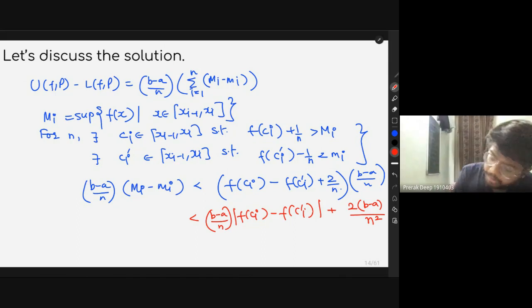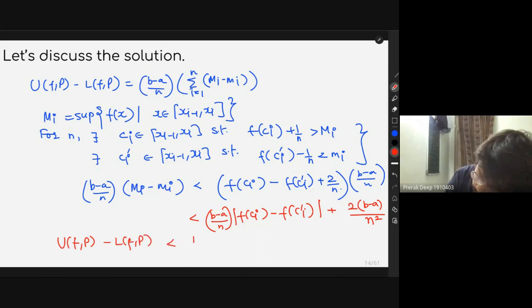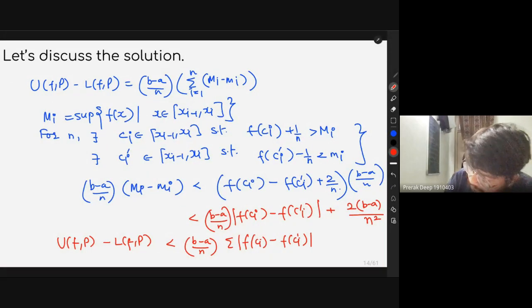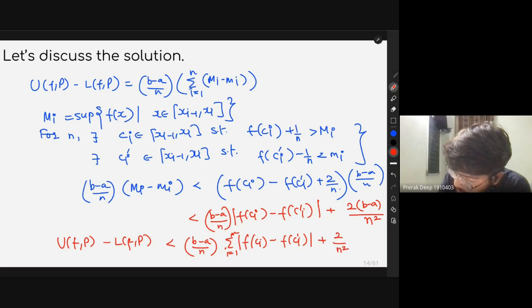And further, if you apply summation on both sides, you will get that U f p minus L f p will be smaller than (b minus a) divided by n times the summation, plus 2 (b minus a) over n square, which you are summing up n times.